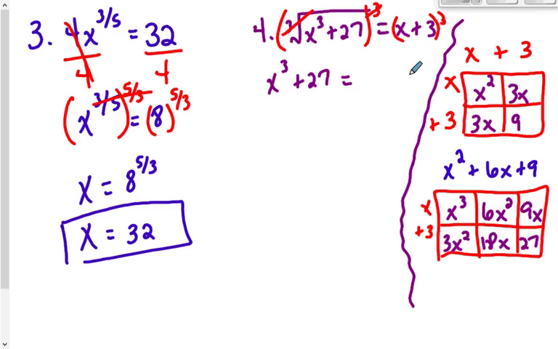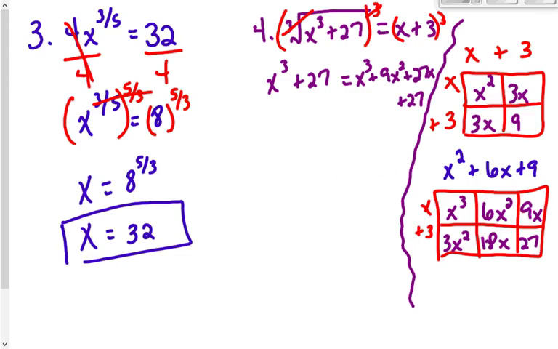Pull all of that to put here. We're going to kind of have to squeeze things in. x cubed, 3x squared and 6x squared is 9x squared, 27x plus 27. I don't like writing it below like that, but I kind of had to.